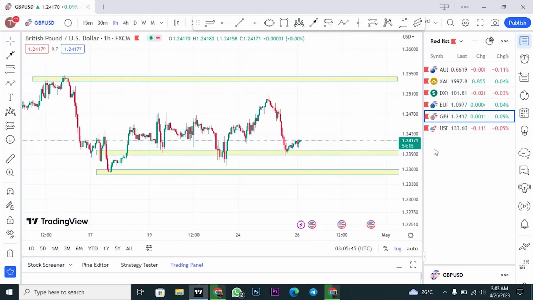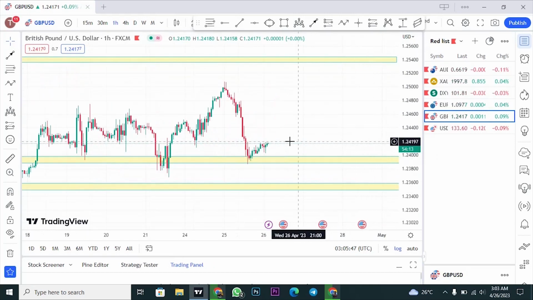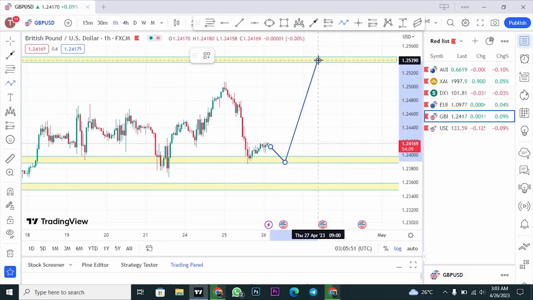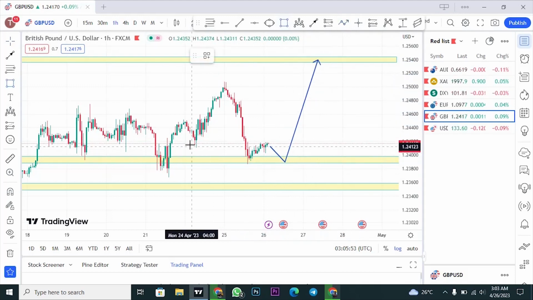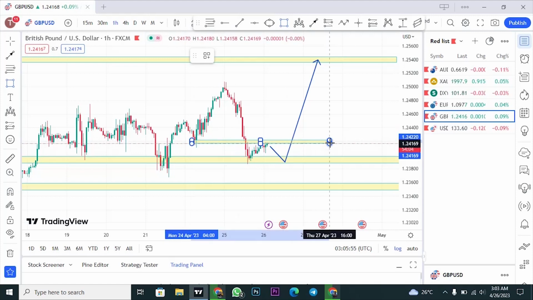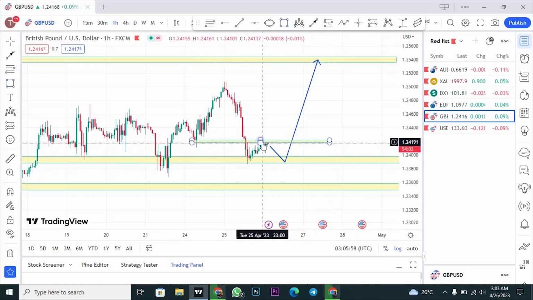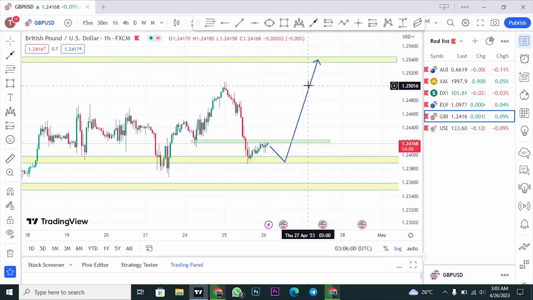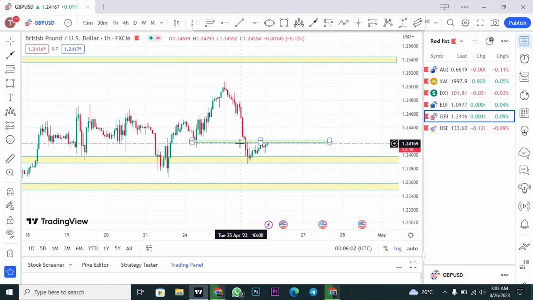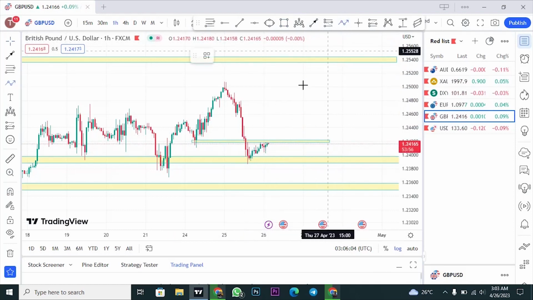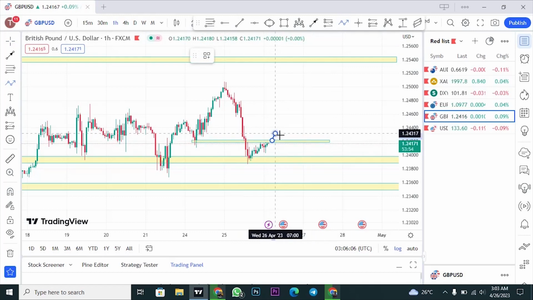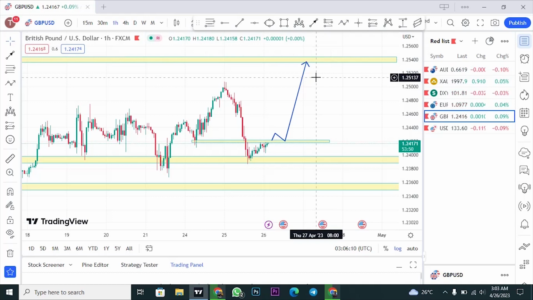But when price is not able to come back right here as a support again and then push to the upside, and maybe if I get interested and price is able to break out of this region right here, let me clear off this, price is able to break out of this region right here, I'll just wait for a mini retest right here and then a push to the upside. So that's how basically I'm looking at the market. A quick little update this morning.